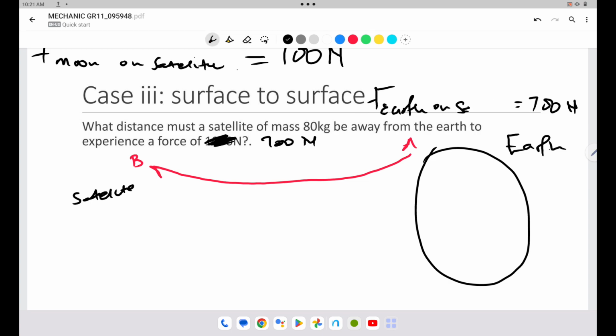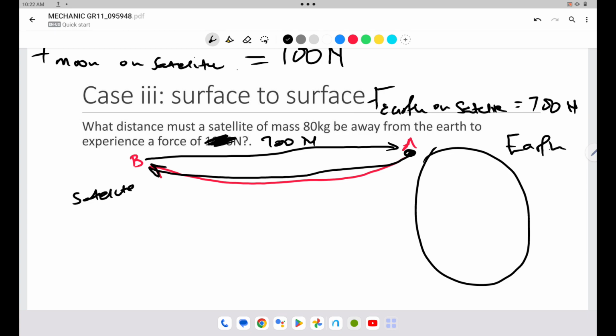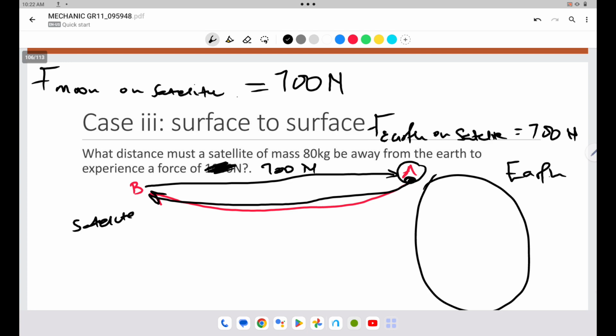My apologies, satellite. Okay. Newton's third law says if object A, which is the Earth, exerts a force on object B, which is the satellite, then object B, the satellite, will simultaneously exert a force of equal magnitude but in opposite direction on object A, which is the Earth. What is important about these two forces is that they are Newton's third law pairs, they are action-reaction forces.